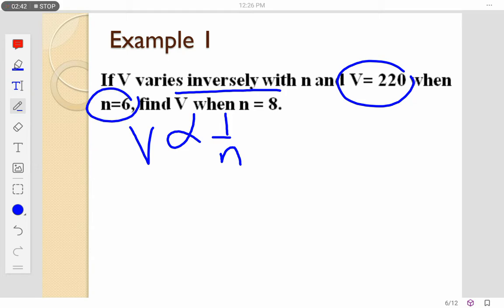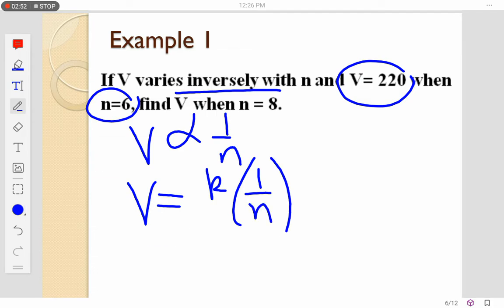So what we do first is introduce a constant. We have V is equal to K times 1 over n, or else you can write it as V is equal to K over n. It's one and the same thing. You can take it anyhow.